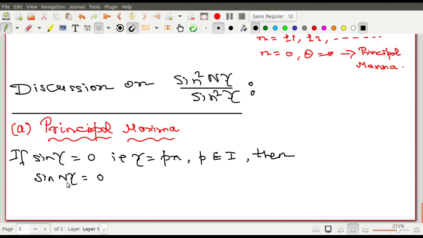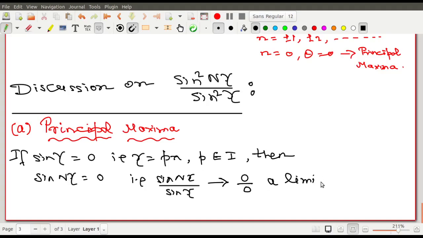Try to understand it yourself. Whatever I learn over here is that if sin gamma is 0, then sin n gamma must be 0. So it becomes 0 by 0, that is, sin n gamma by sin gamma tends to 0 by 0, a limiting form.